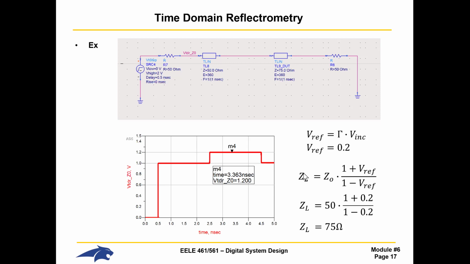So then if I plug this into my equation, I've got ZL equals this whole thingamajig. So I plug in 0.2 for V reflected here and here, plug in 50 because my 50 is what I'm in, and I get 75 ohms. If I go back up here and check it, I see 75 ohms.